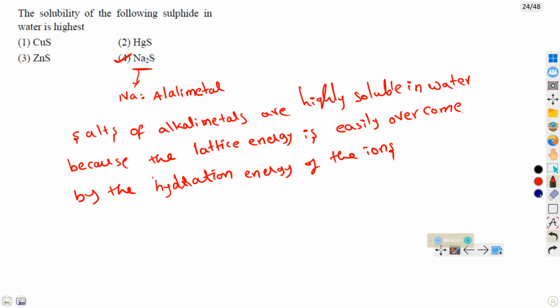And one more reason: Na to S, between group 1A and S and P block elements, ionic bond is possible, remaining all forms covalent bond.